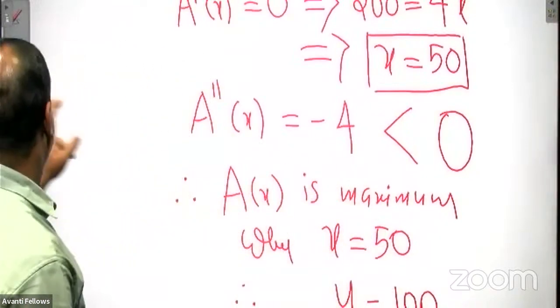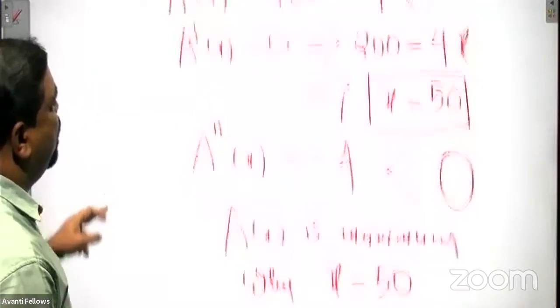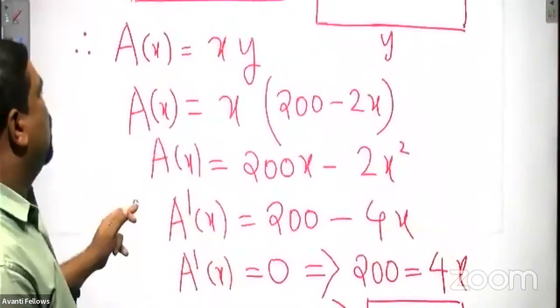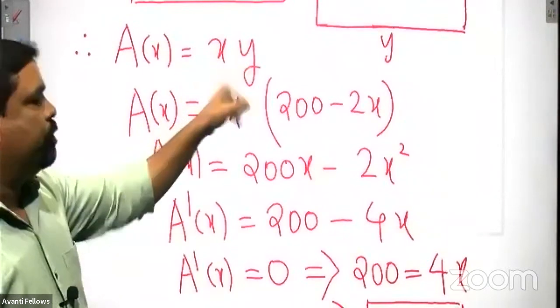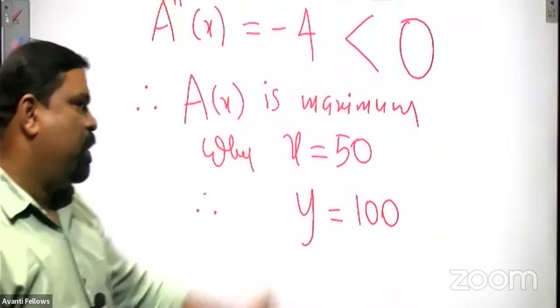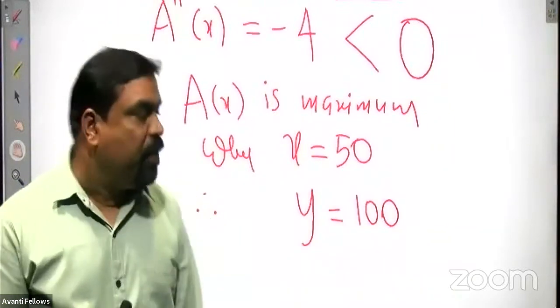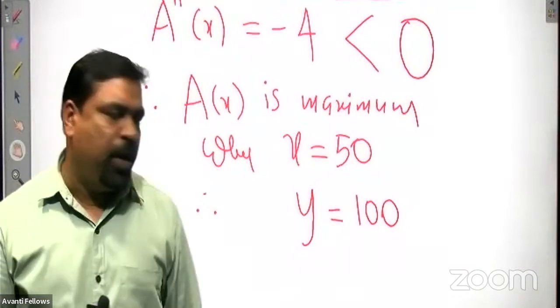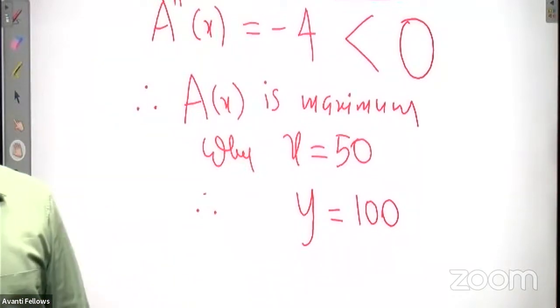Now what is the maximum area? Maximum area is obtained from the area formula, x and y. Just multiply, 50 into 100.